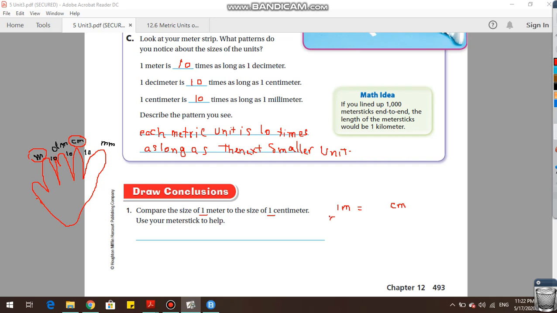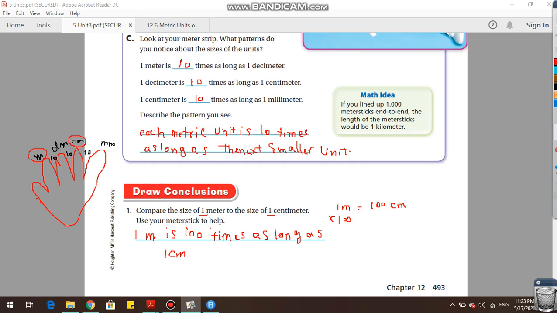So I will multiply by two zeros. I will multiply by 100. So 1 times 100 equals 100. So 1 meter equals 100 centimeters. I'm gonna write 1 meter is 100 times as long as 1 centimeter.